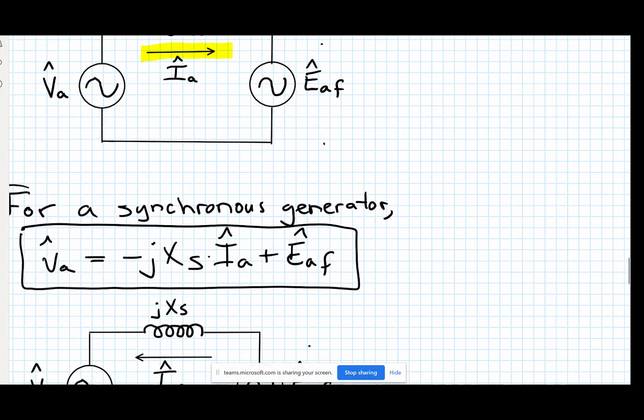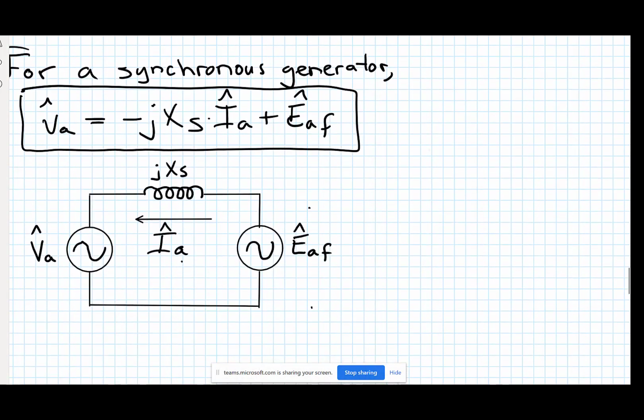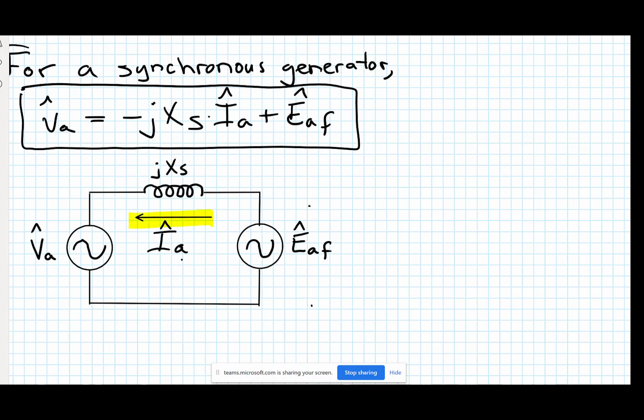If it's a synchronous generator, the current is going the other direction, from the machine out to the source, or you could say this is a grid, the electrical grid.